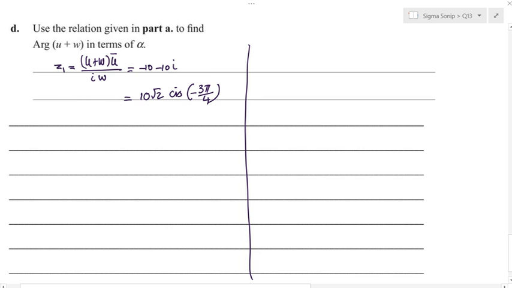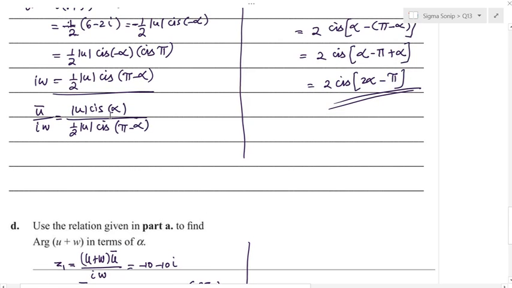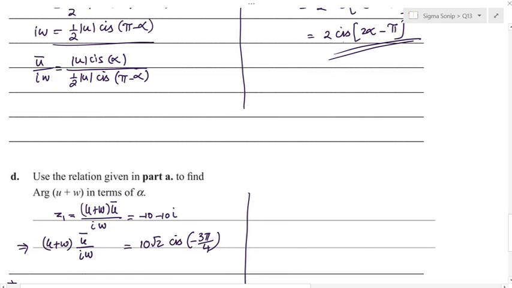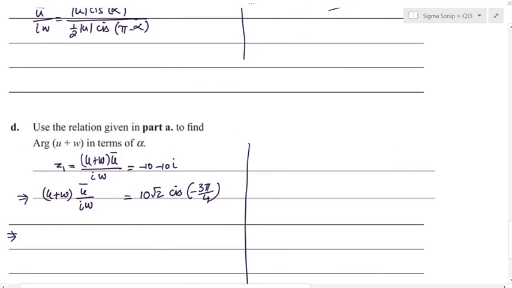Alright, so when we look at this, we got u plus w, and the conjugate of u divided by iw. This part, the conjugate of u divided by iw, was what we found in part C. We found that it is equal to 2 cis 2 alpha minus pi.